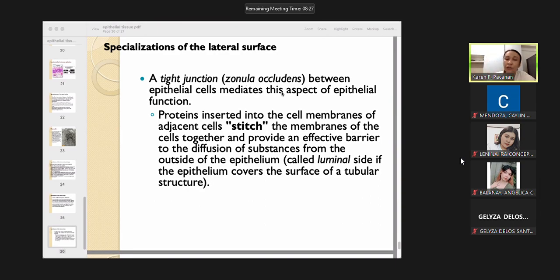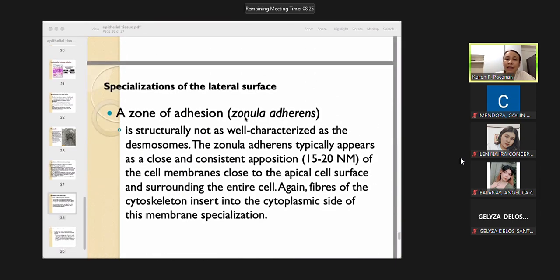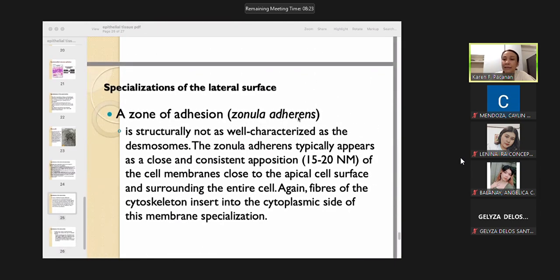Next, below the zonula occludens, would be the zonula adherens. So number 2, zonula adherens. At the point where zonula adherens is found, there would be a small gap in between the neighboring cells. Pero sabi ko kanina, one of the characteristics of epithelial tissue is that it is made up of cells that are densely packed together. And why is it so?